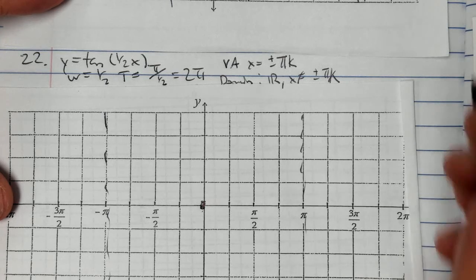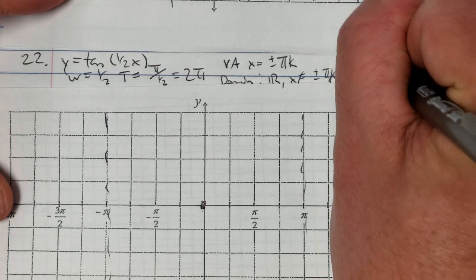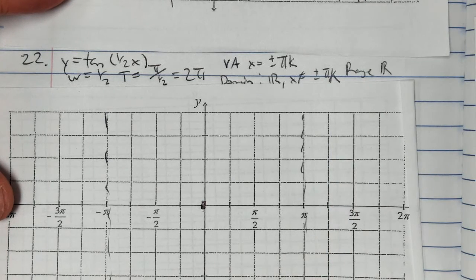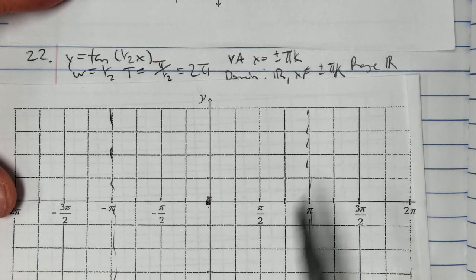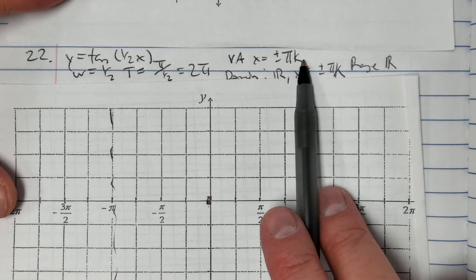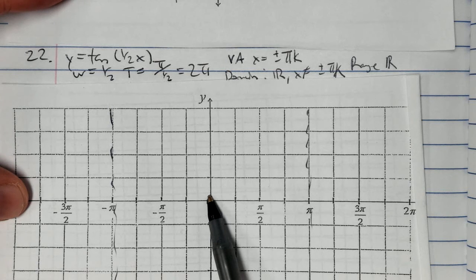And your range would just be all reals. The k is the integer, like you saw on the other one. Like if we plug in a 0 for it, it would be at 0. Oh, did I do this? The period is 2 pi for this one.